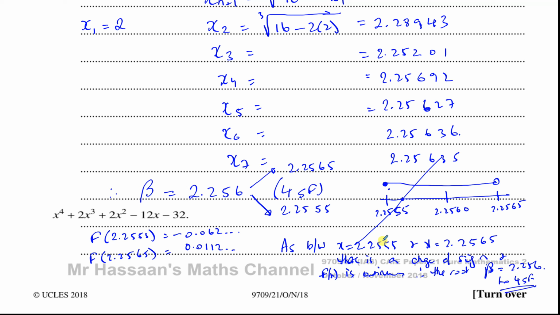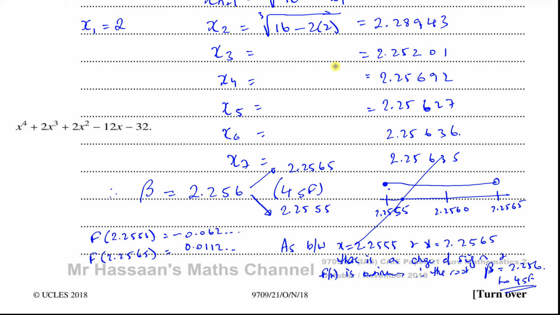Now you don't have to write this last part if you've done all of this, that's fine. But if you didn't do all of this, for example, and you just kept pressing equals until it settled down, then you could prove that this is the root by using this justification method.